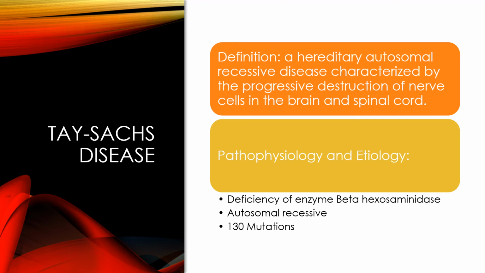Its etiology, Tay-Sachs disease is an autosomal recessive disorder, again caused by a mutation in the gene HEXA, which encodes the enzyme beta-hexosaminidase A. HEXA is located at 15q23. More than 130 mutations have been identified so far and include single gene deletions, substitutions, insertion, splicing alteration, duplications, and complex gene rearrangements.